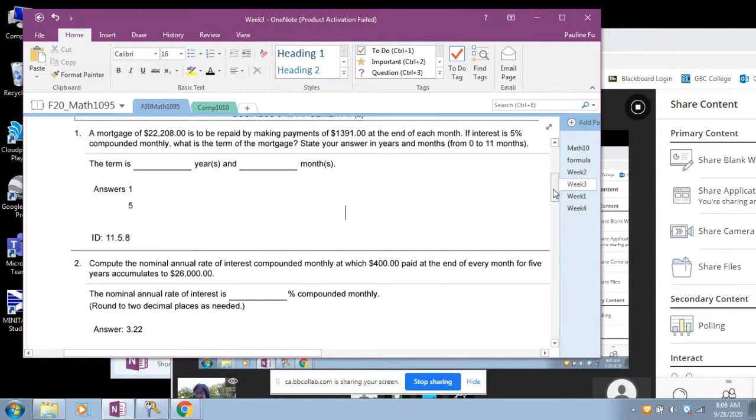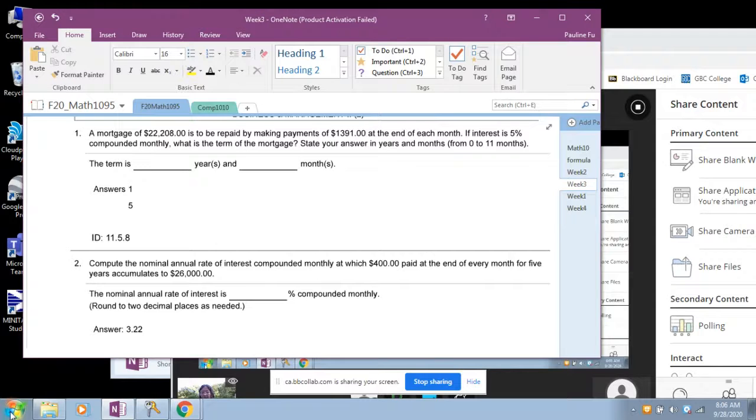Today we'll finish chapter 11 and we'll start off chapter 12, ordinary general annuities, to calculate the future value of ordinary general annuities. Now we are in ordinary simple annuities.